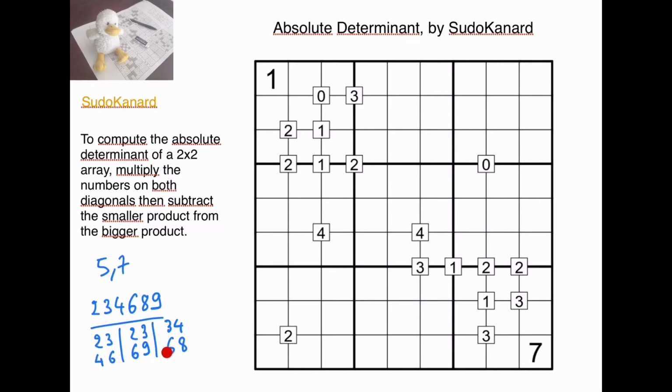Here we have a common factor of 3, here it is 4, here it's 2, 3, 2, 3, 2, 3, 2. So the only options for this domino are 2, 3 and 3, 4. So these are 2, 3 or 4.